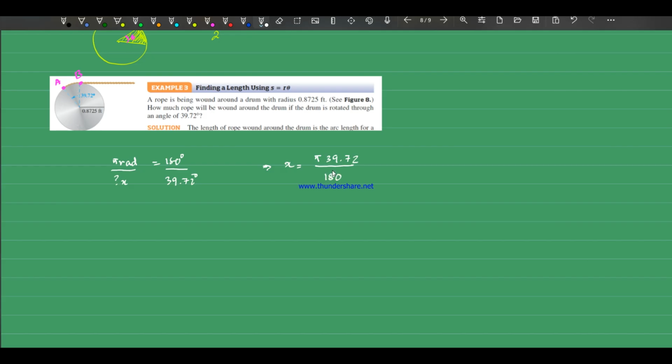You can leave pi if you want to. Putting it into the calculator, 39.72 divided by 180, multiplied by 3.14 for pi, gives about 0.693. So it's about 0.7.